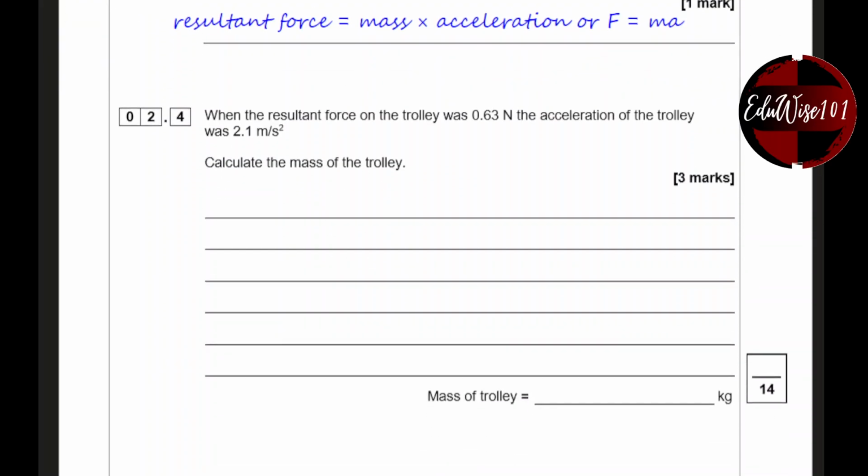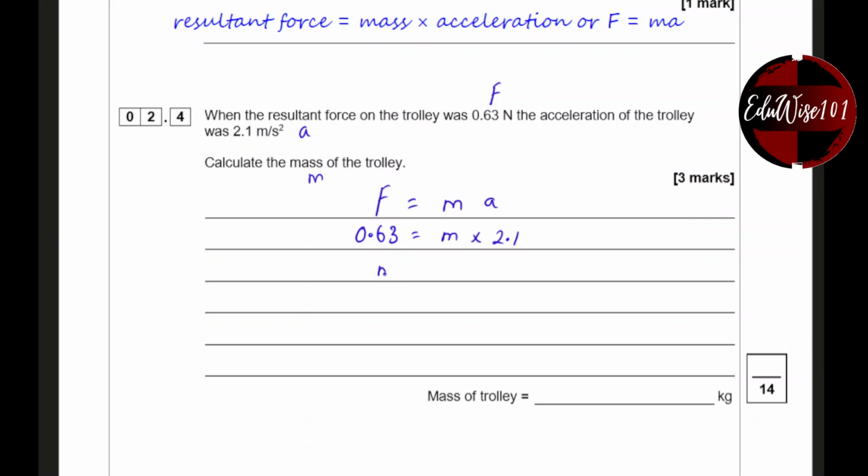When the resultant force on the trolley was 0.63 newtons, so that's the resultant force, the acceleration of the trolley was 2.1 meters per second squared. Calculate the mass. So the equation F equals ma, force is 0.63 equals the mass multiplied by the acceleration, which is 2.1.